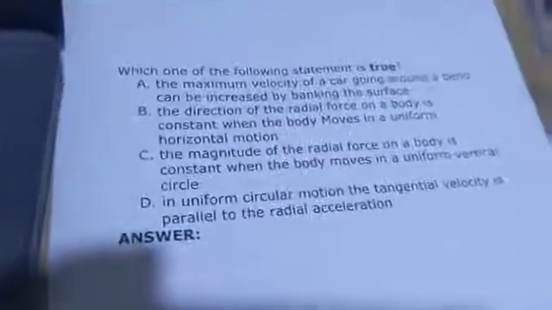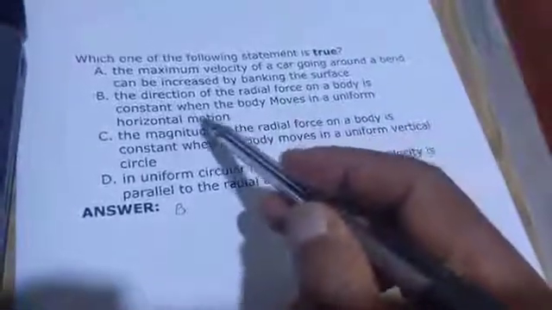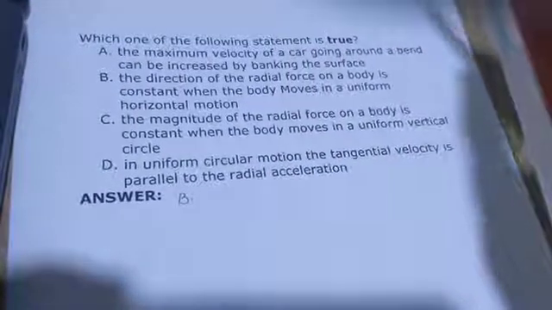Don't forget that tangential velocity and radial or centripetal acceleration are always perpendicular to each other. So choice D cannot be satisfied. In the case of B, when a body is moving in a uniform horizontal circle, the direction of the radial force is not constant.